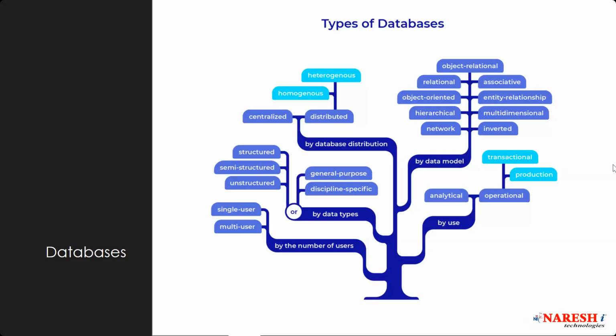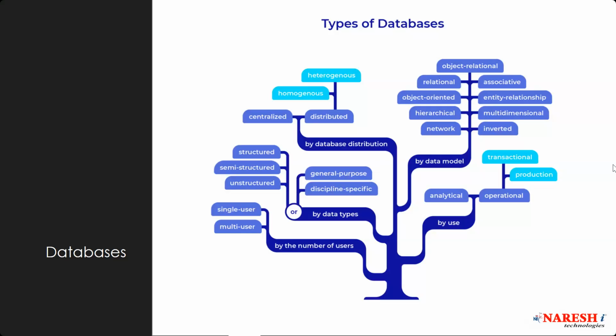So depending on use, analytic databases and operational databases. Depending on the model: inverted model, network model, hierarchical model, multi-dimensional model, entity relationship, object-oriented, relational, associative, object relational. These are all database types.